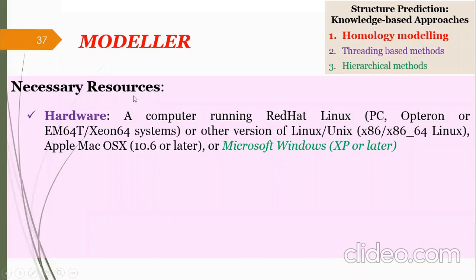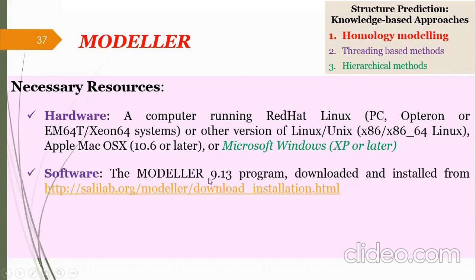And for MODELLER, the necessary resources: we need hardware, like a computer with Linux, or a Macintosh system, or Windows, like Windows XP or later. MODELLER will work on these systems.